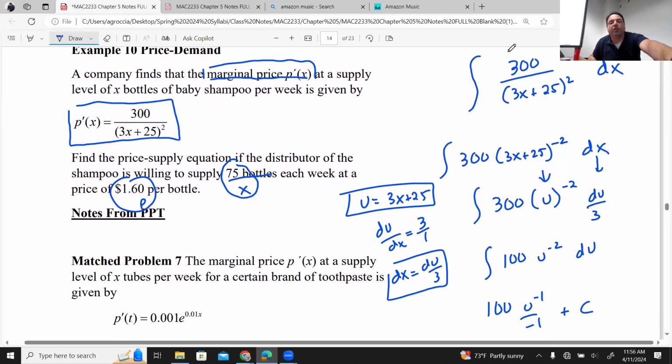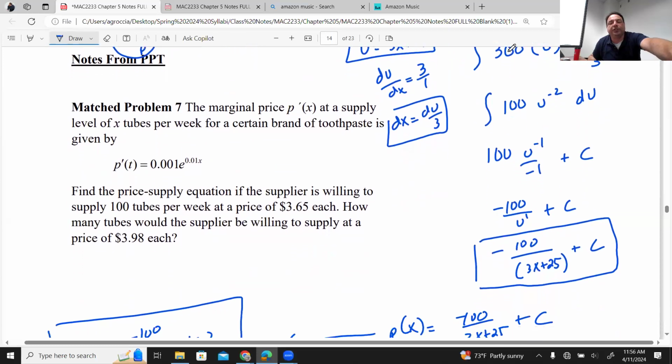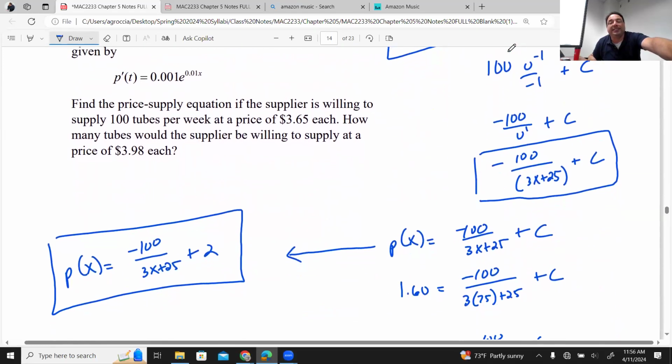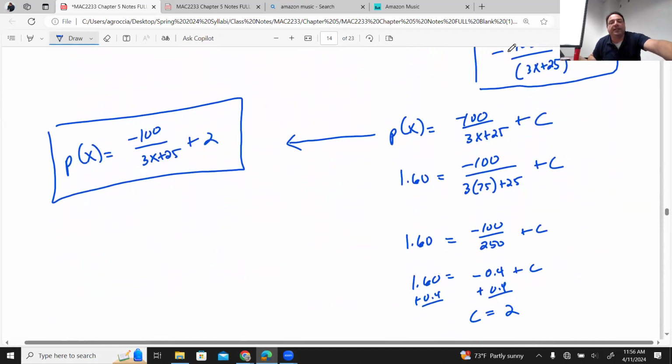In order to take the integral, we had to do u substitution. Once we did u substitution, we realized there's a plus c. We got to figure out what the c is. So we used what was given. x is 75, price is $1.60. We plugged it in, we solved for p, and now we have a complete price function where you tell me x, and I'll tell you the price per bottle.